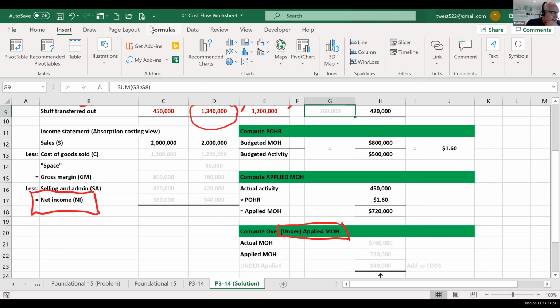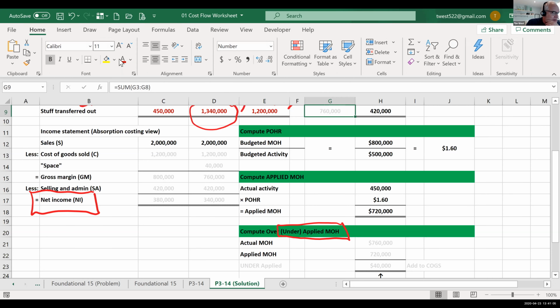So, oops, I forgot to highlight that. The actual overhead is going to be that 760, where I added up all of those overhead numbers. Right. So now we have everything on the board. And so all the playing pieces are here. Right. So if I know this 1,200,000, it's going to be cost of goods sold. And I'm going to put it in here. Yep.